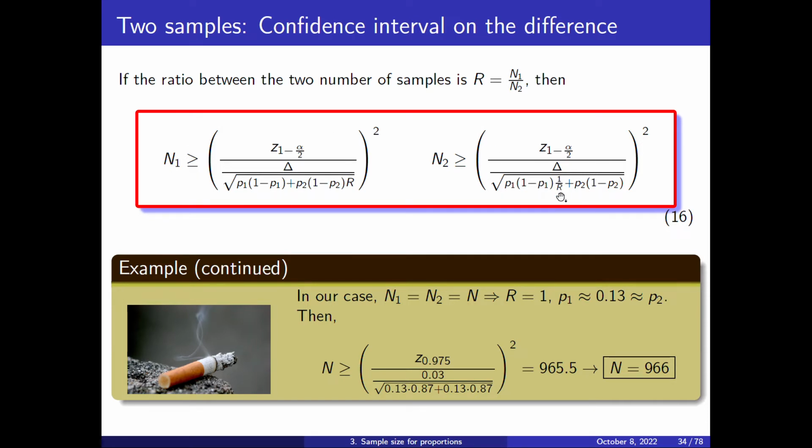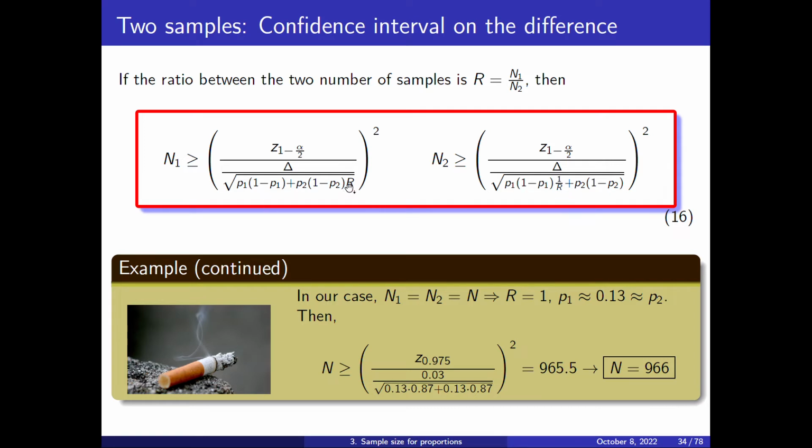We see that it follows the general Gaussian sample size calculation. It has a term that depends on the level of confidence, divided by the normalized effect size. The normalized effect size here is delta divided in this way, and here it is delta divided in this way.